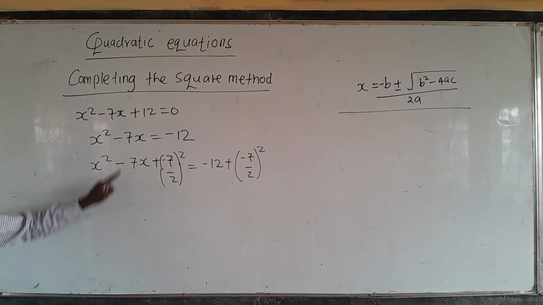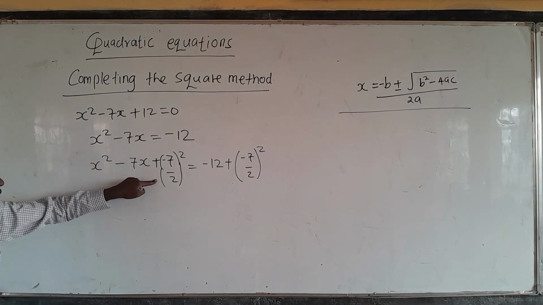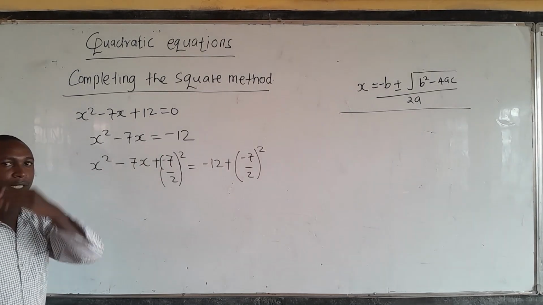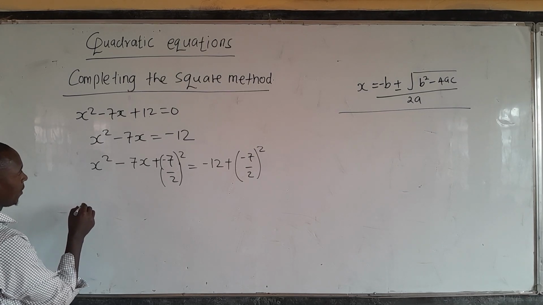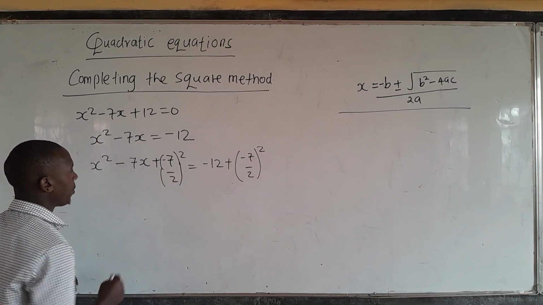Now you notice we have b divided by 2, we square that and we add to both sides.